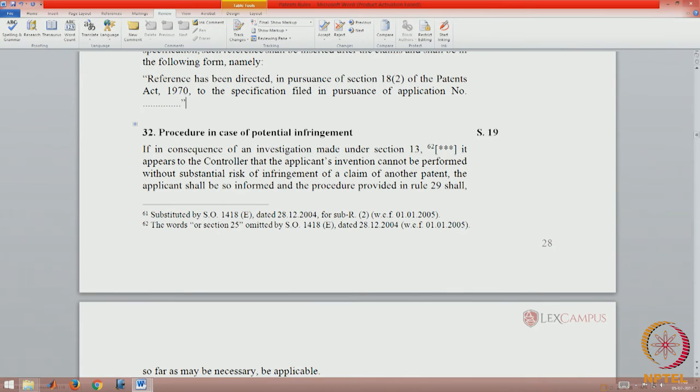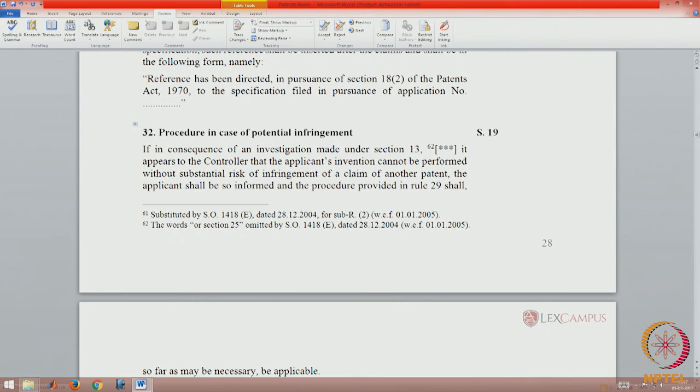Infringement has to be determined by a court of law. A district court or any court above a district court can look into aspects of infringement. But the controller has been given, as we had already seen, some powers pertaining to potential infringement. The procedure is prescribed in Rule 32, and the corresponding section is section 19.